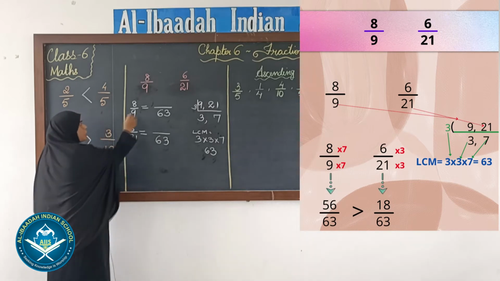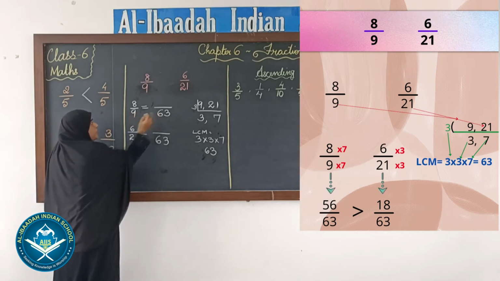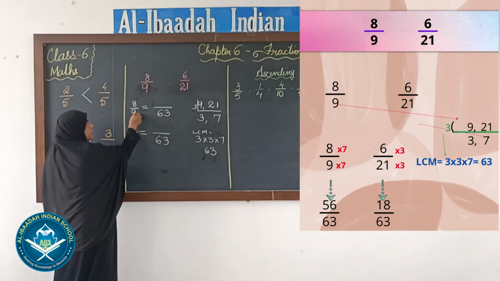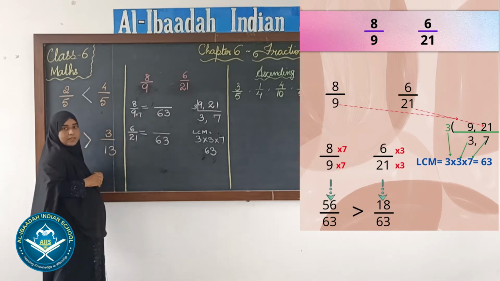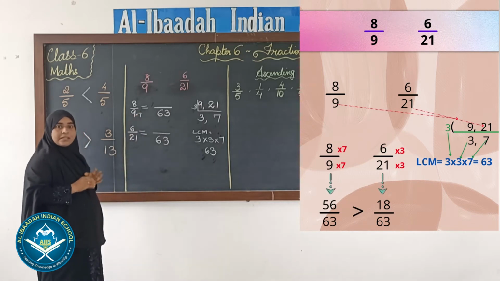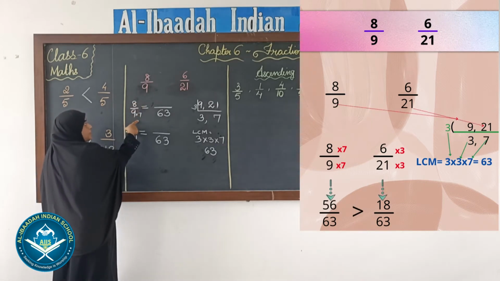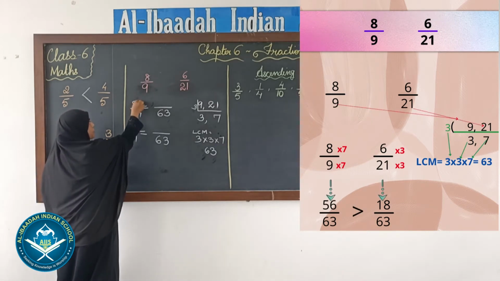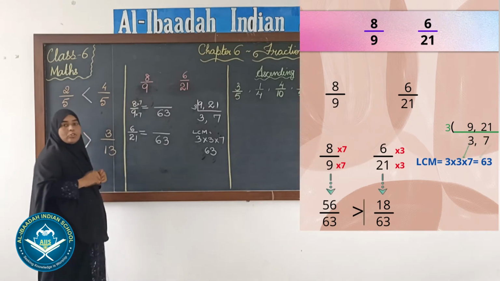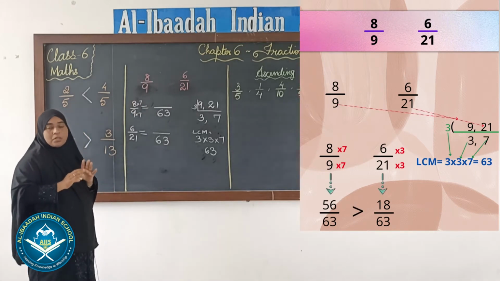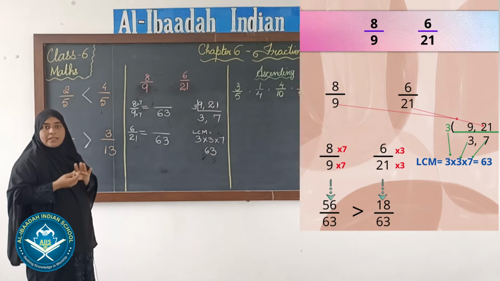So what do we need to multiply here so that we get 63? 9 into 7, right? 9 into 7 is 63. Same way, if we are multiplying the denominator with 7, we will have to multiply the numerator also with 7. That is the rule to find the equivalent fraction, right?